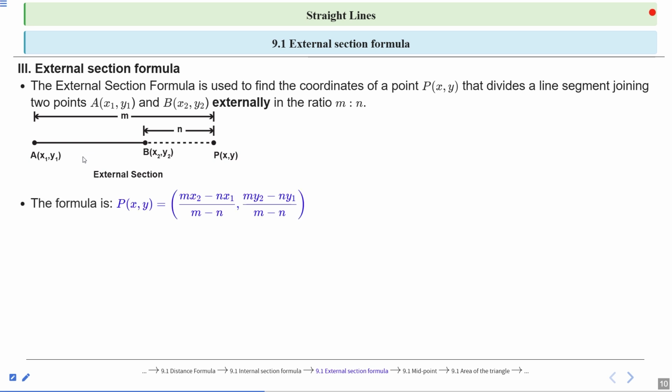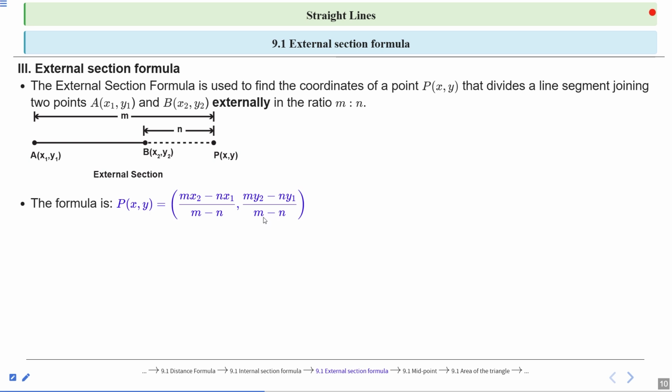So now the formula for the point P(x, y) is what? The formula for the point P(x, y) is equal to (mx2 - nx1) divided by (m - n), comma (my2 - ny1) divided by (m - n).